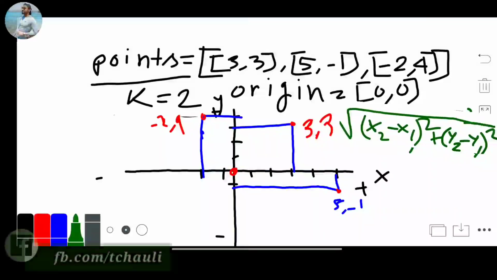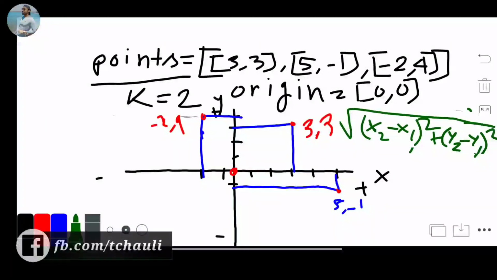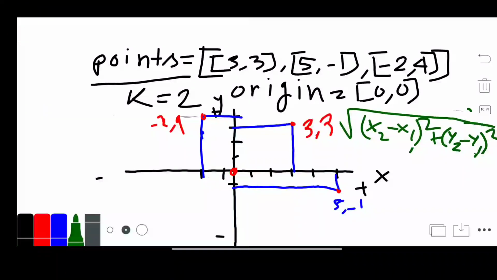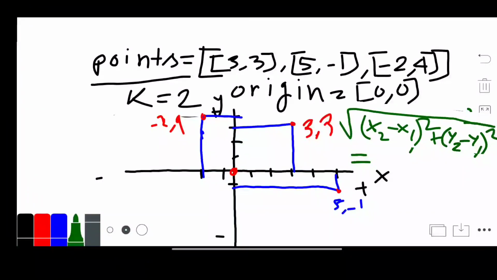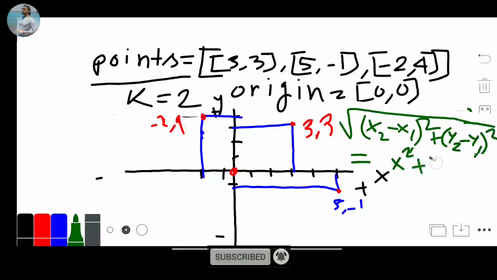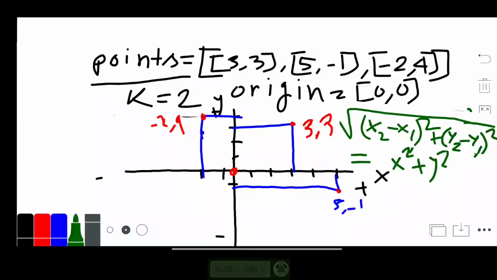But here our origin is 0, so we will modify this formula a little bit. We will use this formula: x square plus y square, because our origin is fixed, our origin is 0.